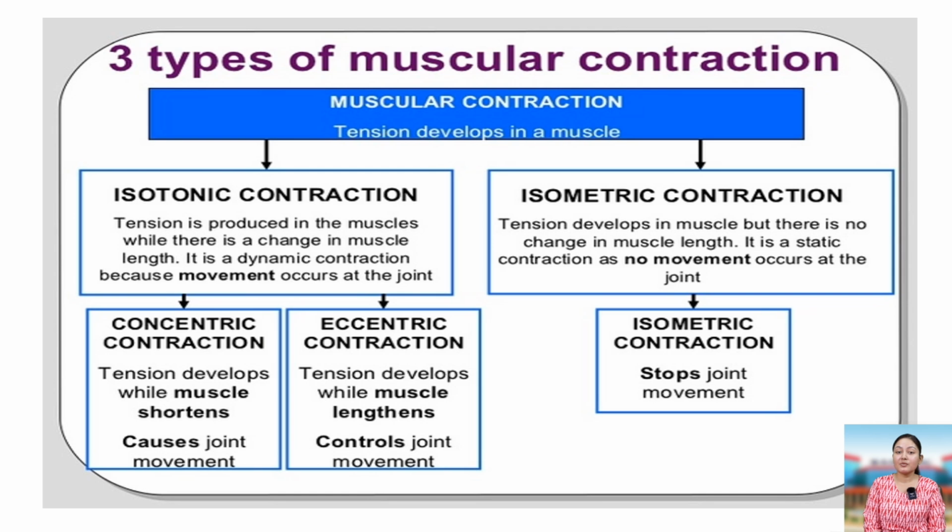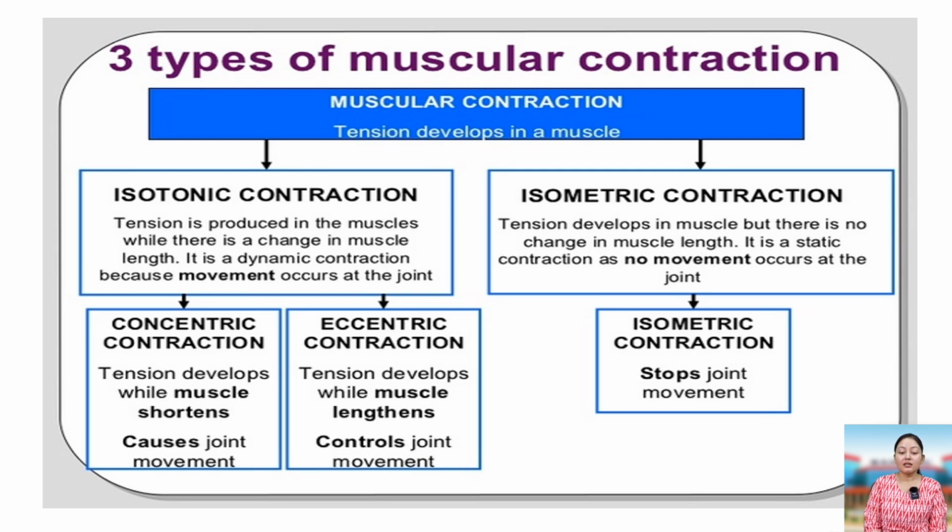Next are the types of muscular contraction. First is isotonic contraction, second is isometric contraction. During isotonic contraction, tension is produced in the muscle while there is a change in length. It is a dynamic contraction because movement occurs at the joint. Now these are divided into two parts.